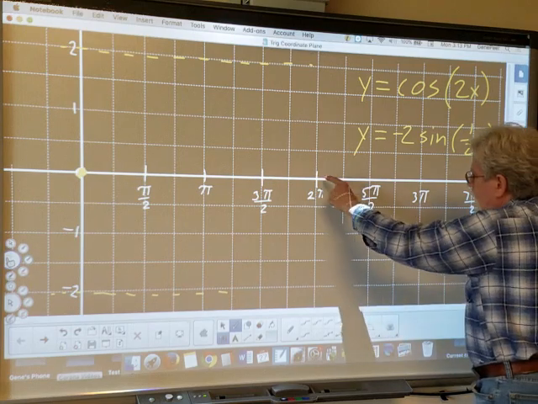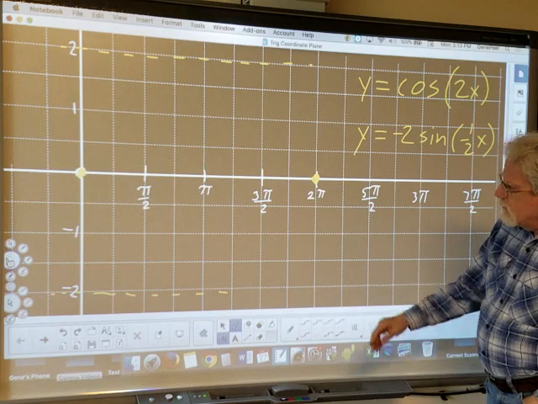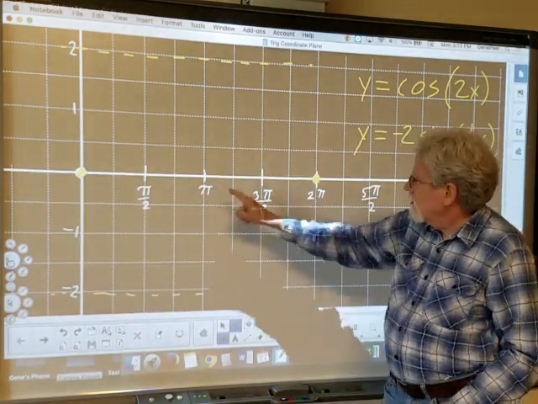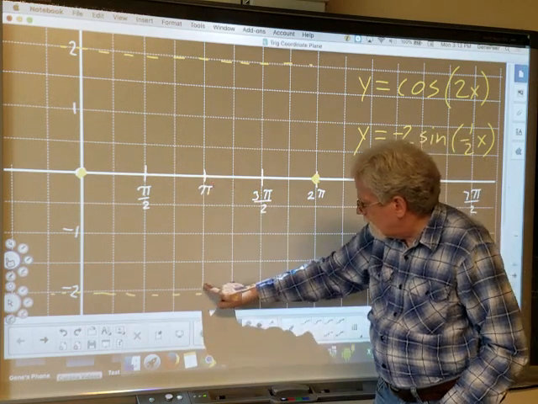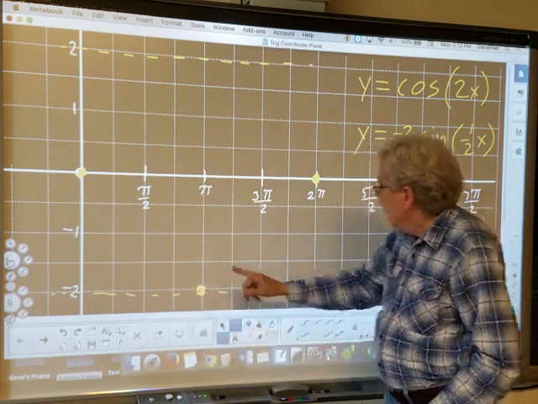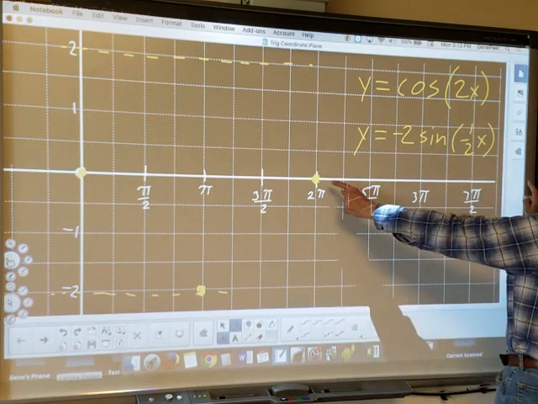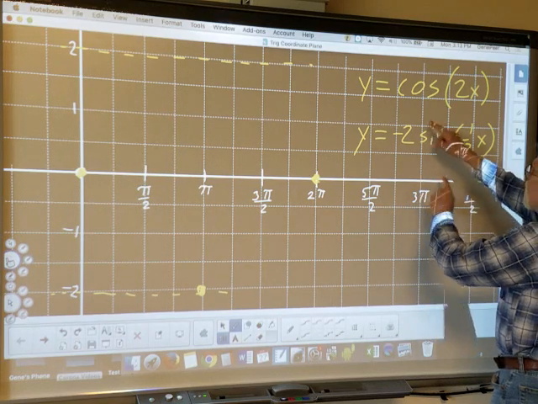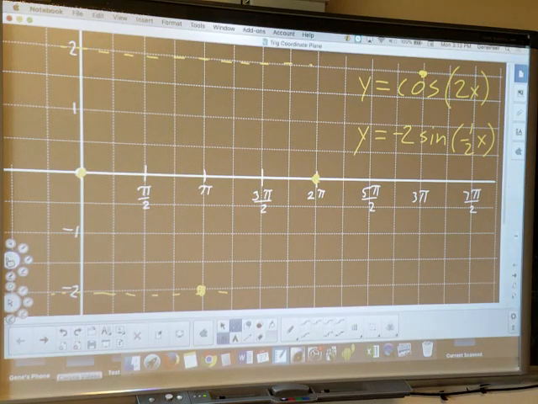So it has to have another 0 here at 2 pi. It must have a minimum point halfway between these two, which puts that here. But remember, it's -2, not +2, so it's down here. And it has to have a maximum point halfway between 2 pi and 4 pi, which would be at 3 pi, but not at 1, rather at 2, because its amplitude is 2.